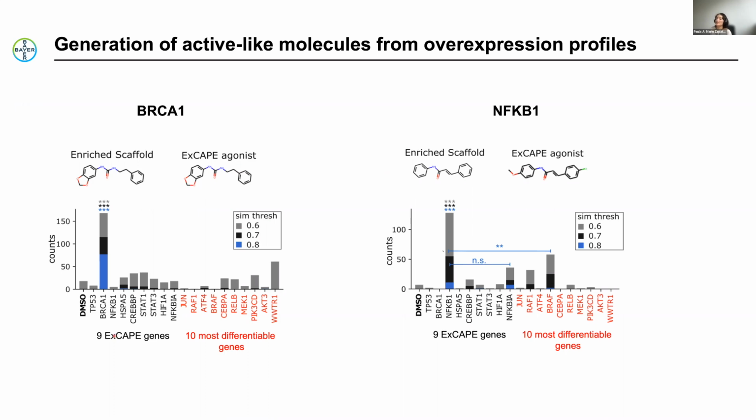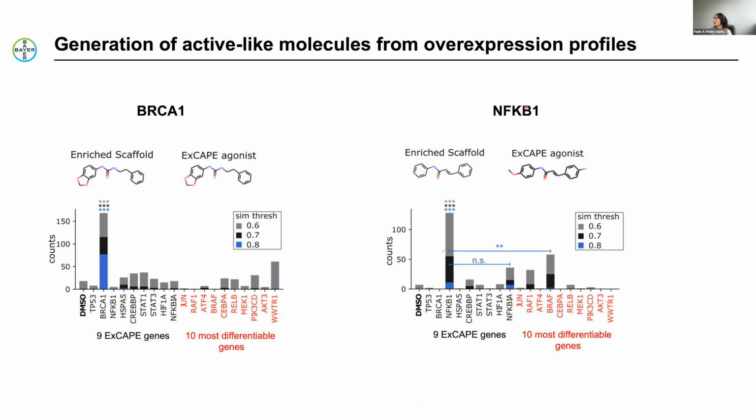And what we find is that indeed the generation of these active-like molecules is very specific. We have significantly increased counts when we condition specifically on BRCA1 compared to all the other genes. And of course, here we're checking against the BRCA agonist.